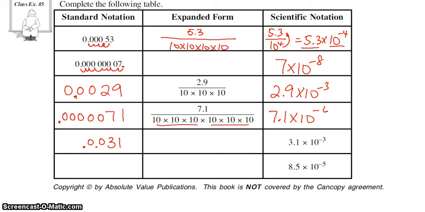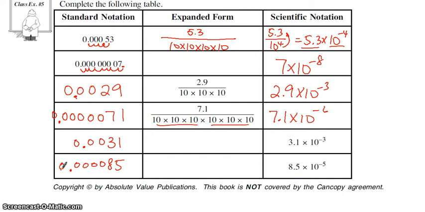So it's right there. I need to put a 0 in front, but the decimal point is here. 85, starting here: 1, 2, 3, 4, 5. Here we go. So that's scientific notation.